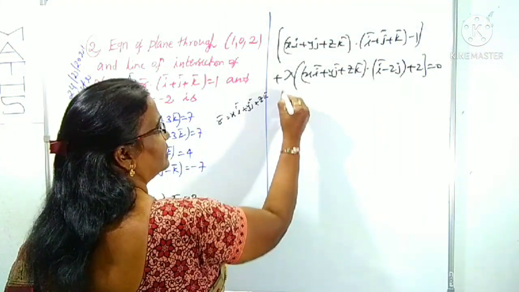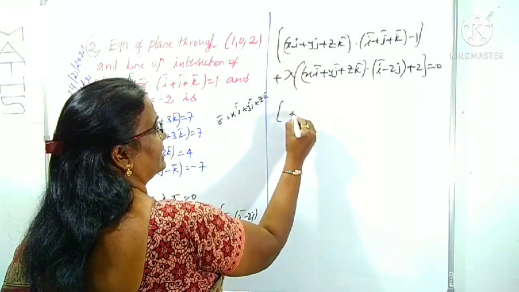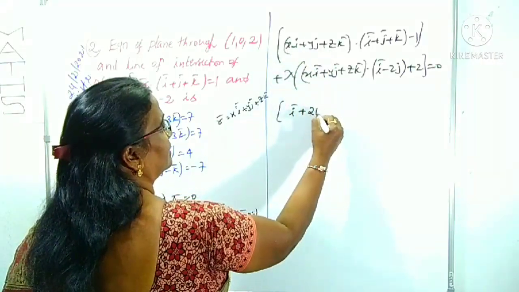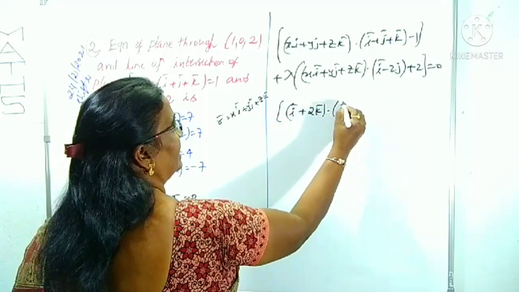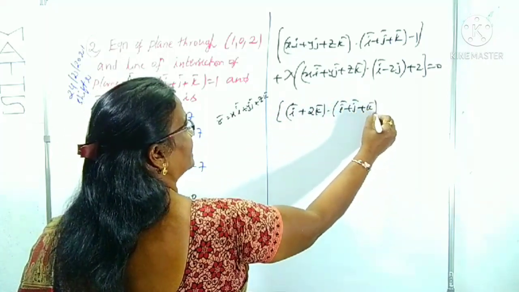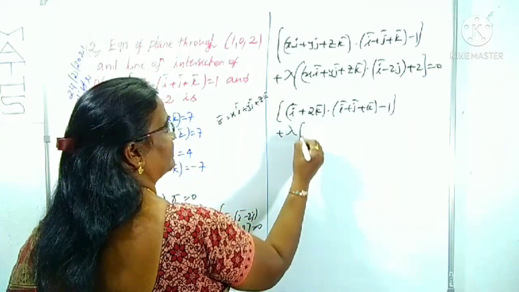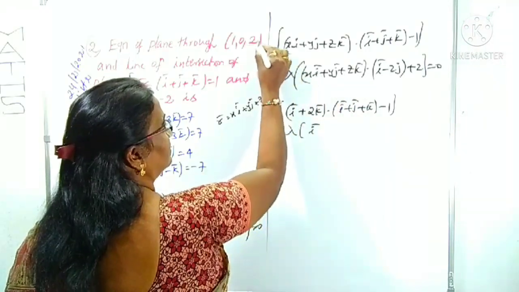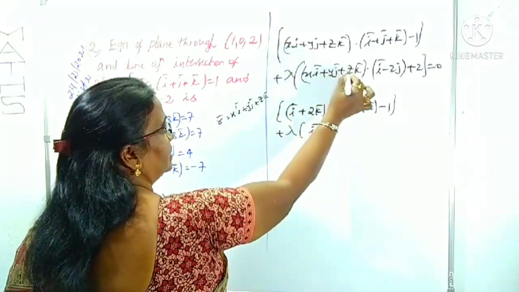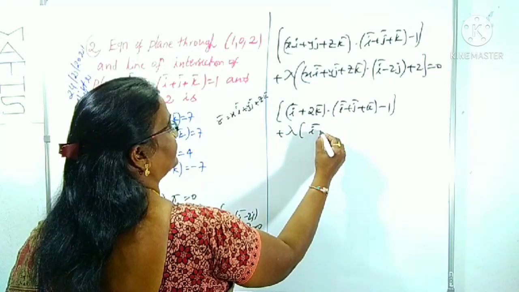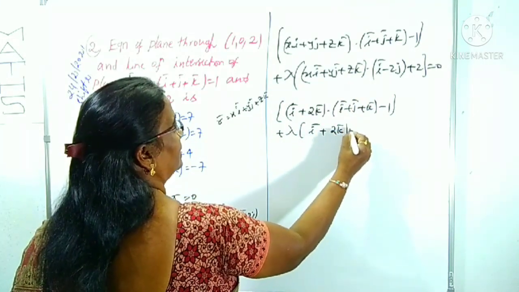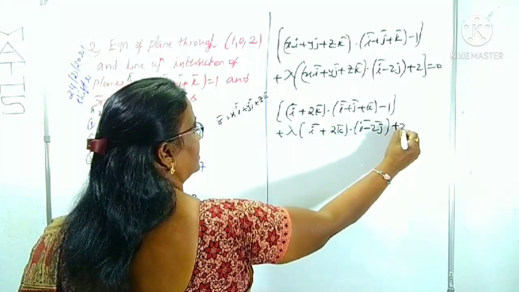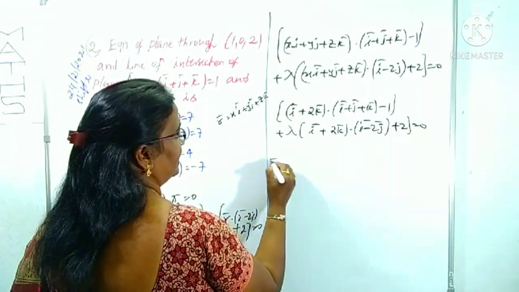Passing through (1, 0, 2), the i term is 1, j becomes 0, and k is 2. So (i plus 2k) dot (i plus j plus k) minus 1, plus lambda times, in the same way, (i plus 2k) dot (i minus 2j) plus 2 is equal to 0. By this simplification you can find the lambda value.